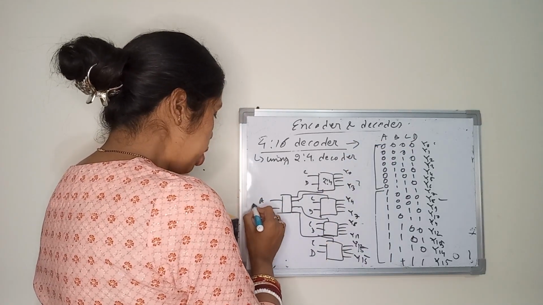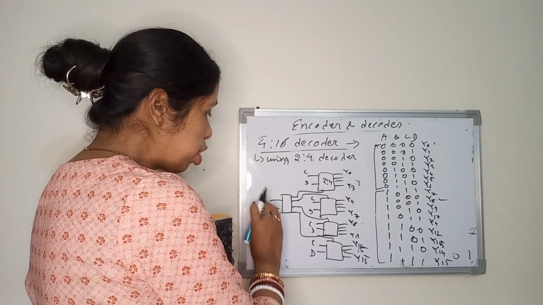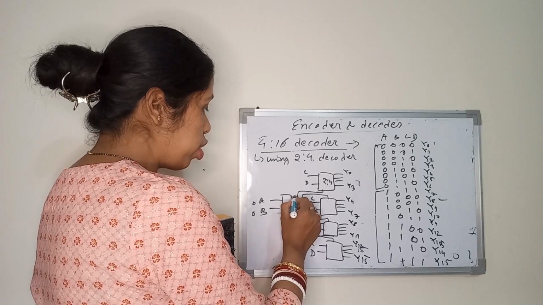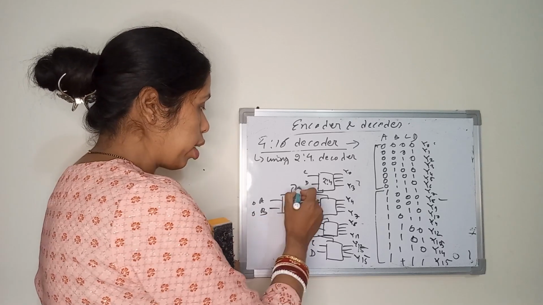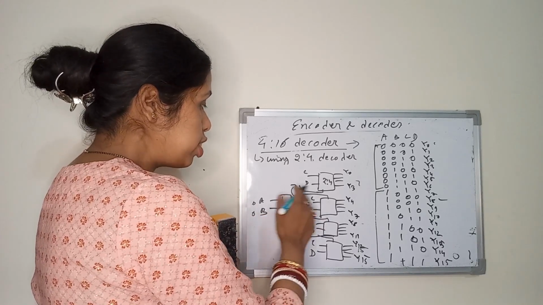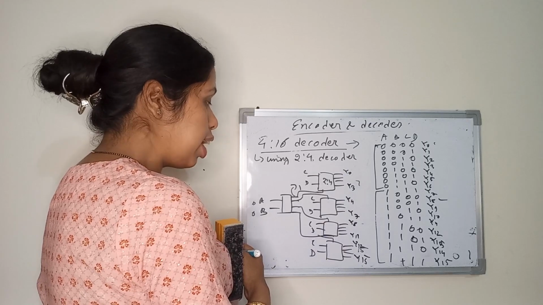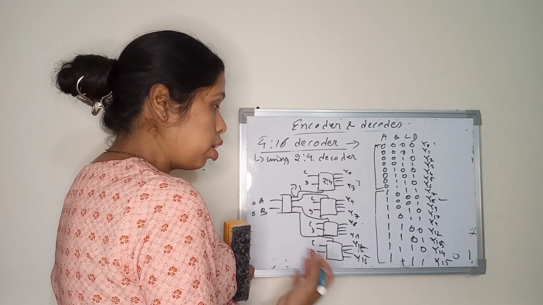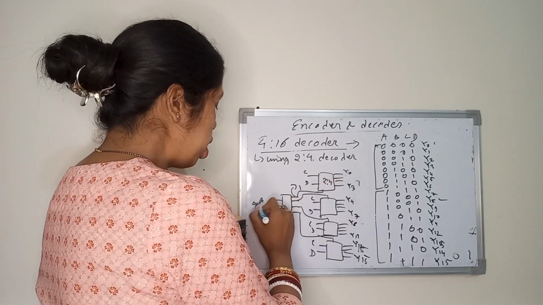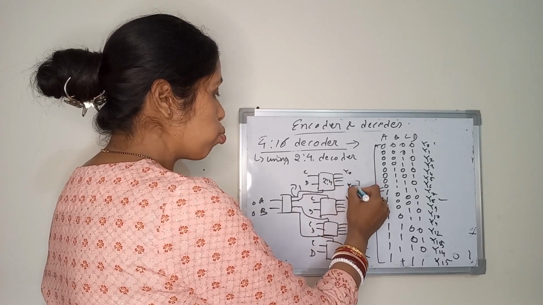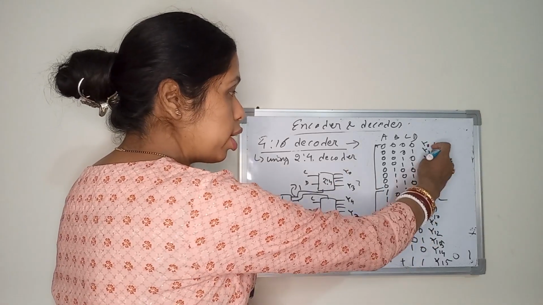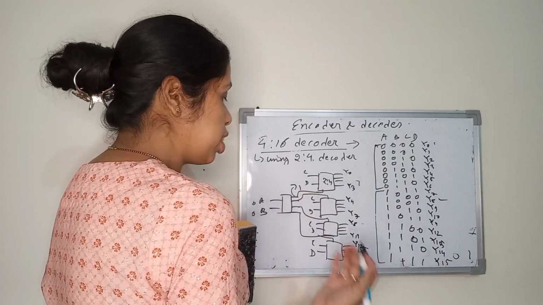Suppose I am giving AB as 0 0. If I am giving 0 0, from this decoder this output will be 1. If this is 1, this decoder will be selected and the other decoders will be disabled. So when I am giving 0 0, y0 to y3 data is coming. So according to the truth table it is matching.